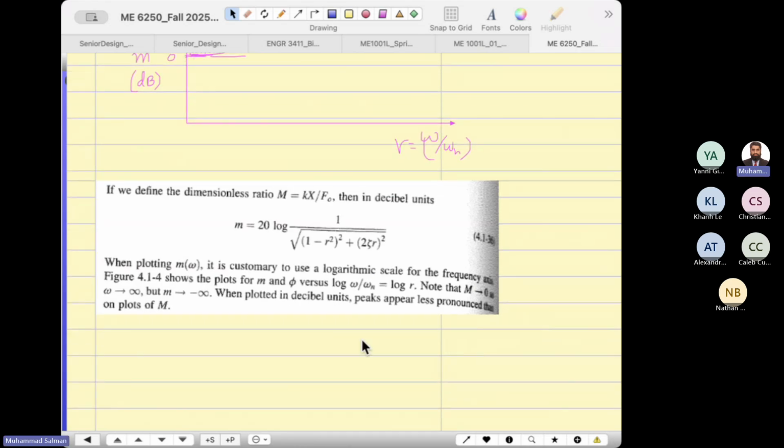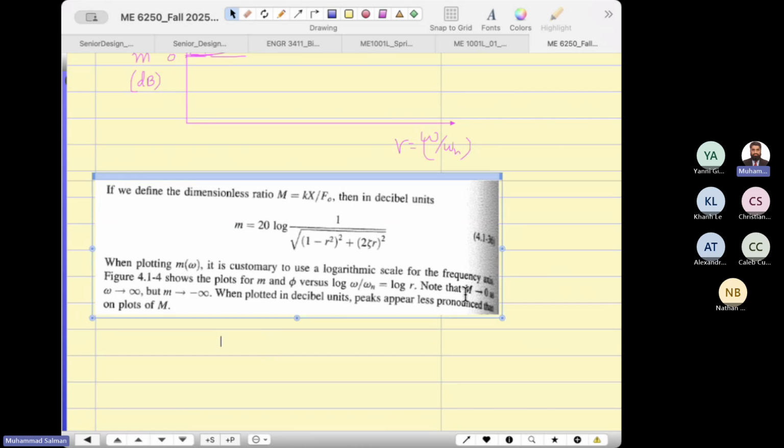When plotting the M value in dB in the frequency domain, it is customary to use a logarithmic scale for the frequency axis. I'll show you both the magnitude in dB as well as the phase angle.